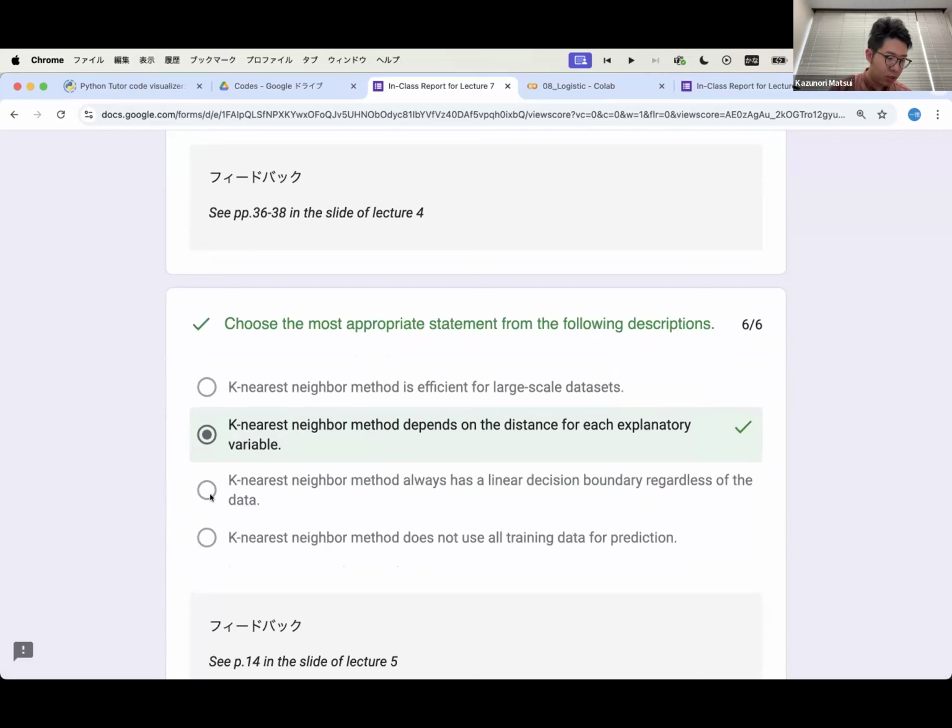The k nearest neighbor method calculates the distance from each data point every time we make a prediction, so it is not suitable for a large scale dataset. Due to the nature of calculating distance, it depends on the distance for each explanatory variable. It is a method that uses all training data when making a prediction.